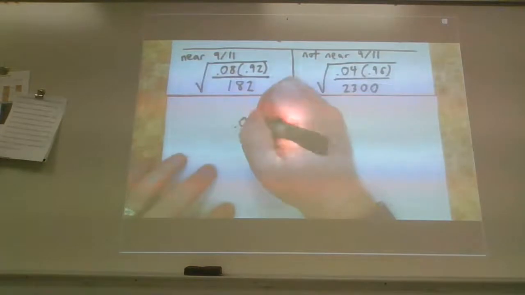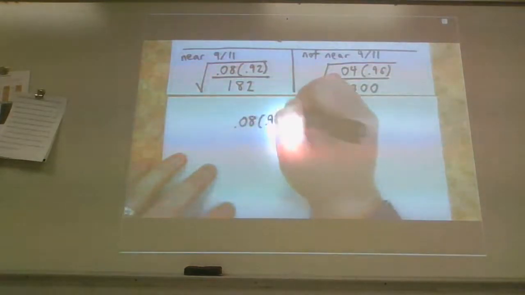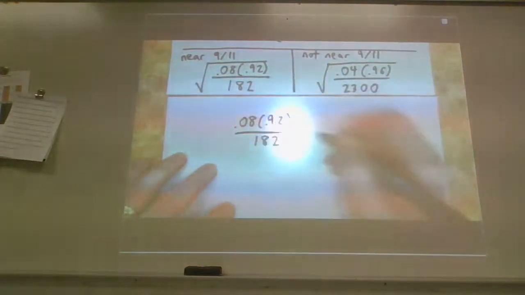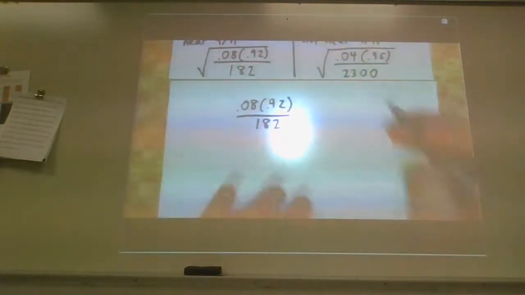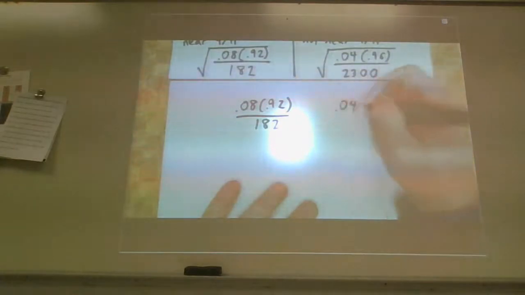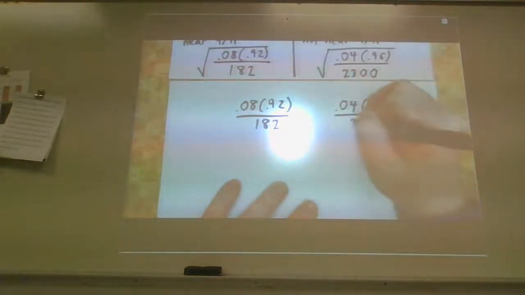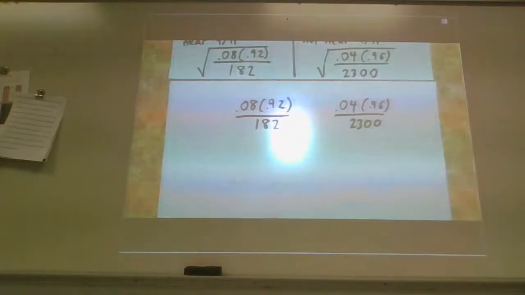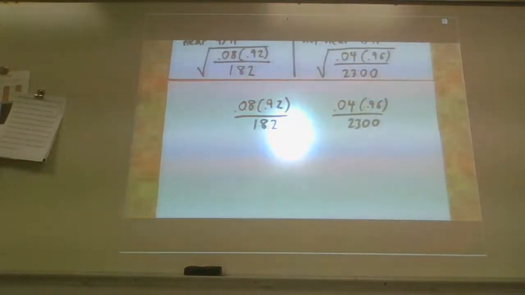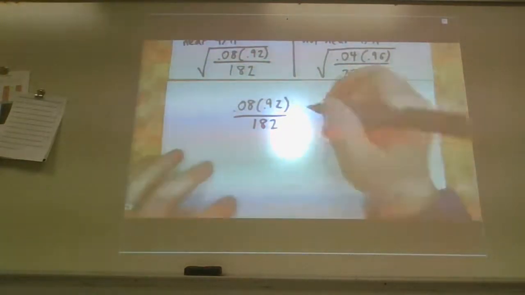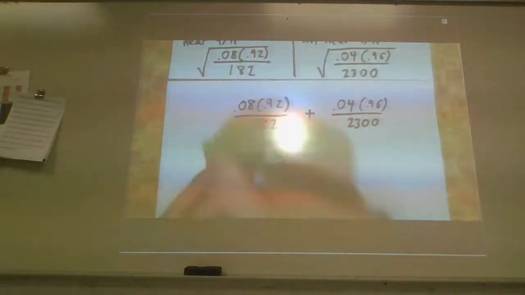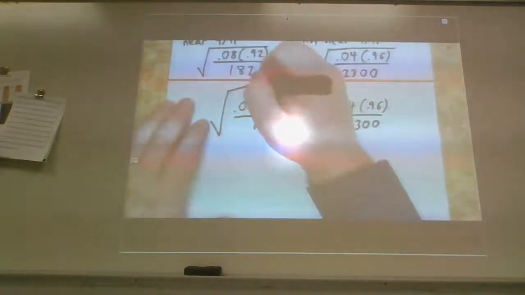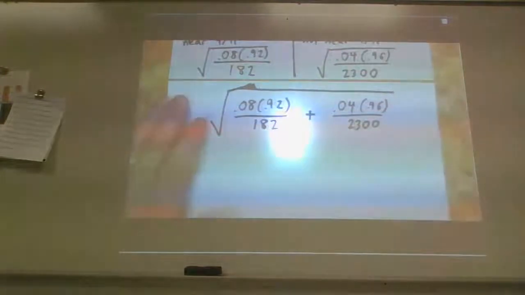Again, I'm not going to the calculator just yet, because when I square the left side, I get that, and I don't care what the decimal is. If I square the right side, I get this. Then I would add them together, and ultimately, I would square root them back. That's a weird square root symbol. There we go.